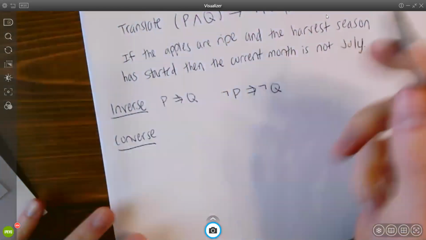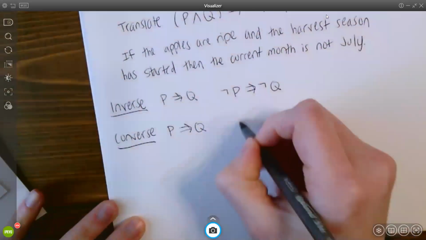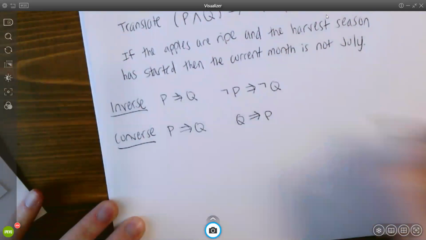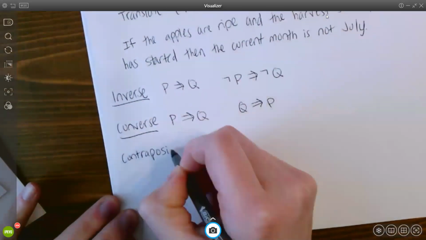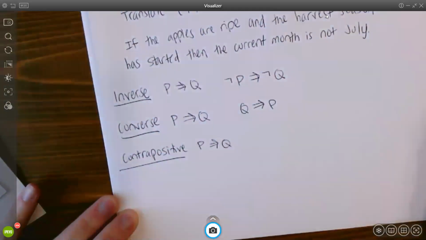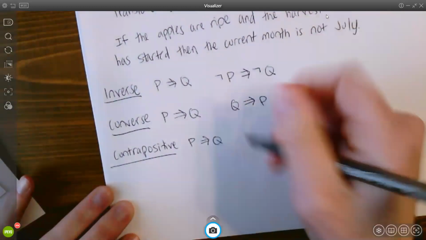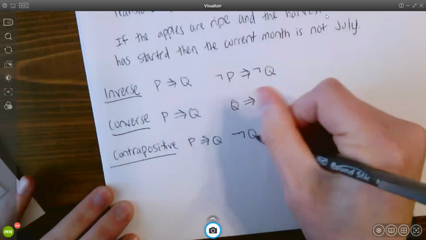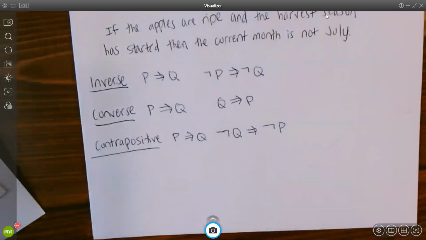The converse, so again, the original is if P, then Q. The converse is flipping the order. And the contrapositive, again, the normal order is if P, then Q. Our contrapositive is a combination of the inverse and the converse. So I flip them, and they are the negation. So contrapositive is just the other two combined.